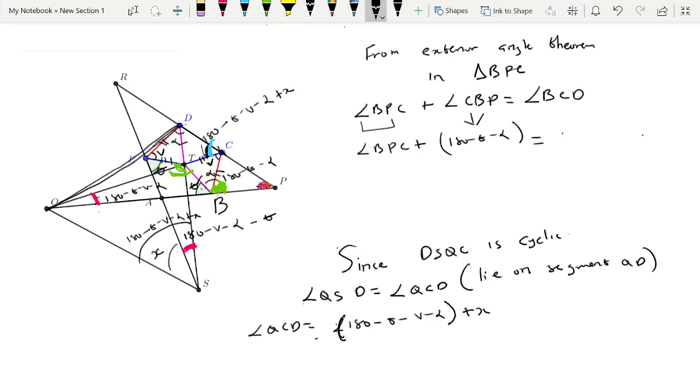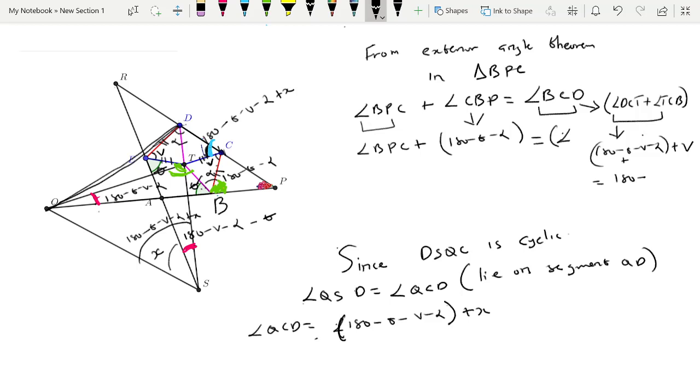Angle BCD, this entire angle, is angle DCT plus angle TCB. You can see angle DCT is what we already have: 180 minus theta minus v minus alpha, plus angle TCB, which is v plus x.